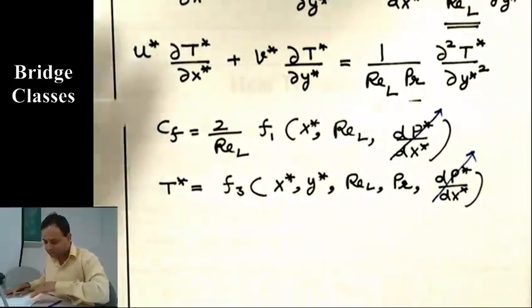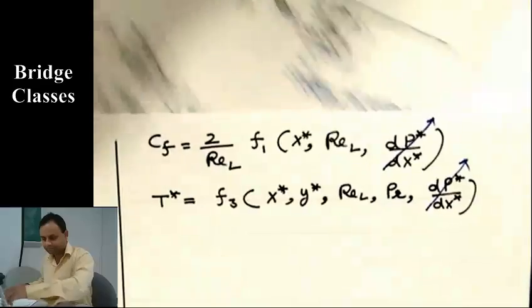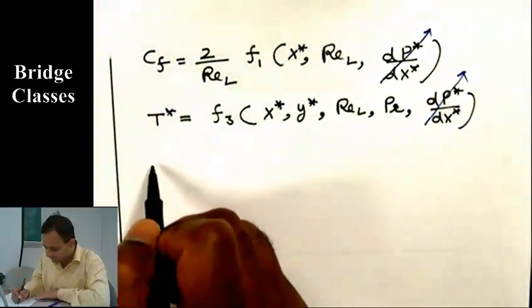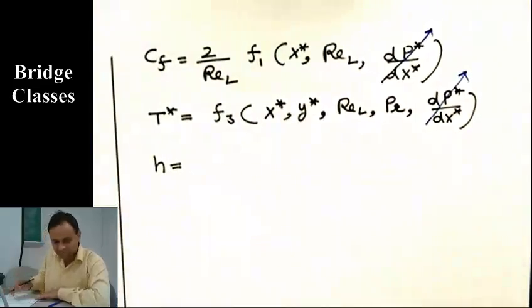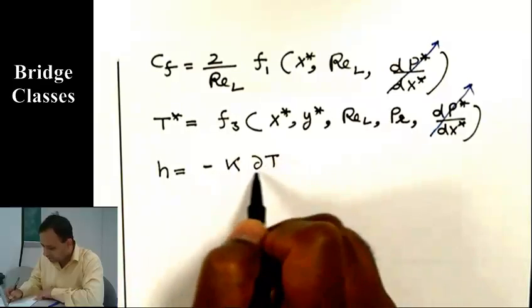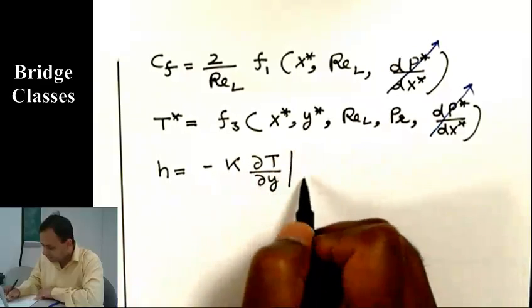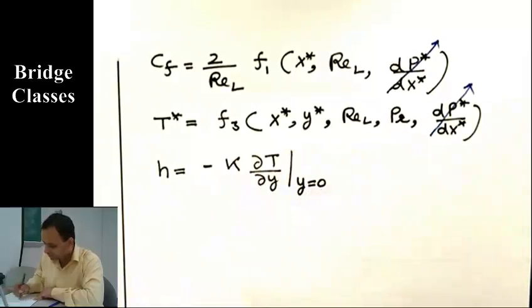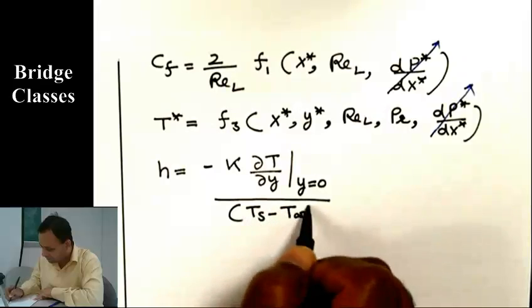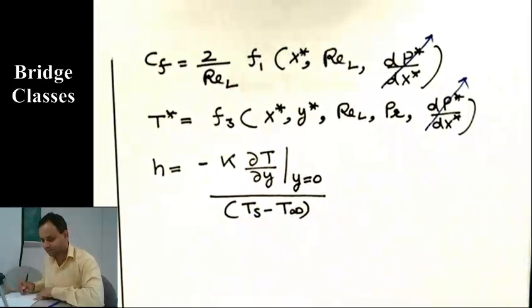Now the convection coefficient h, that is negative k del T over del y at y equals 0, over Ts minus T infinity. This is the local convection coefficient.